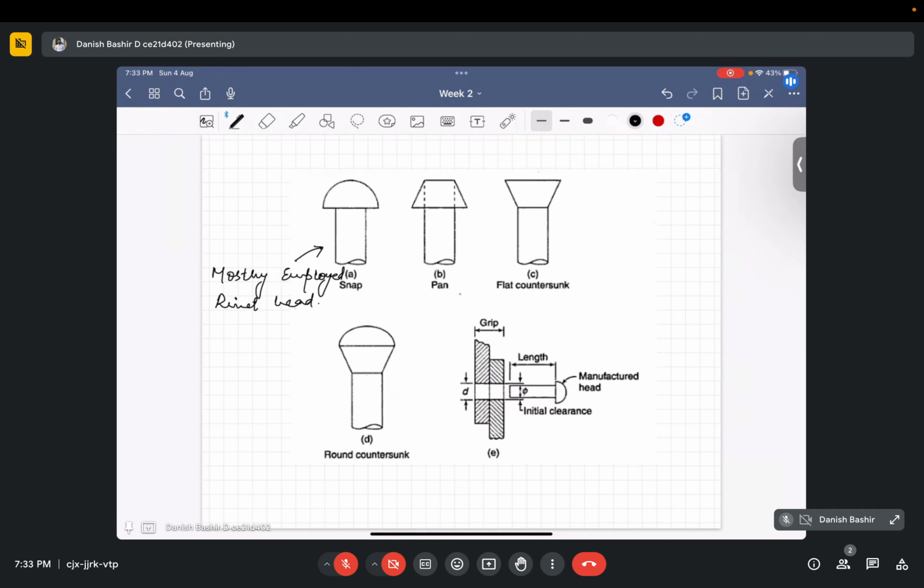This is one of the most employed rivet heads. They have projections beyond the plate like this, projections, snap heads and pan heads. Okay, they have projections beyond the plate where they are used.